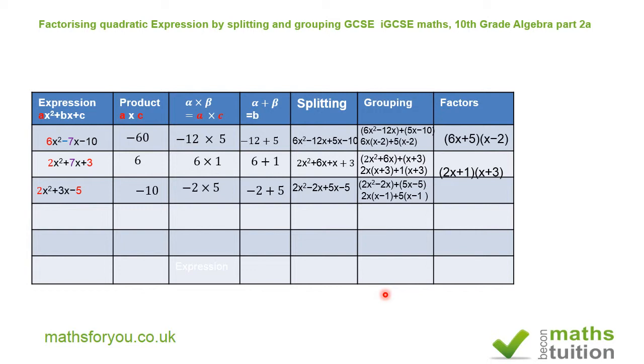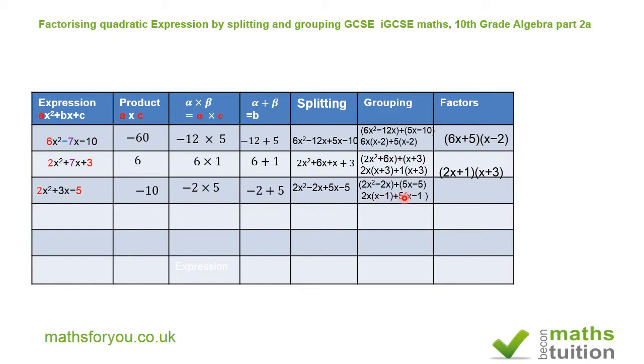So I got 2x into x minus 1 for the first group and 5 into x minus 1 for the second group. Now note here that I've got x minus 1 as a common factor in both groups. If that was not the case, I might have to rearrange my terms here. My 5x might come here and 2x over there.